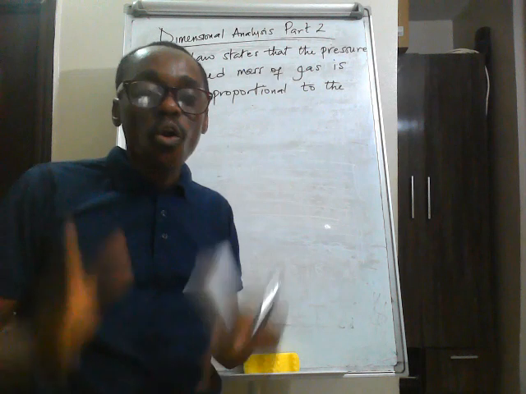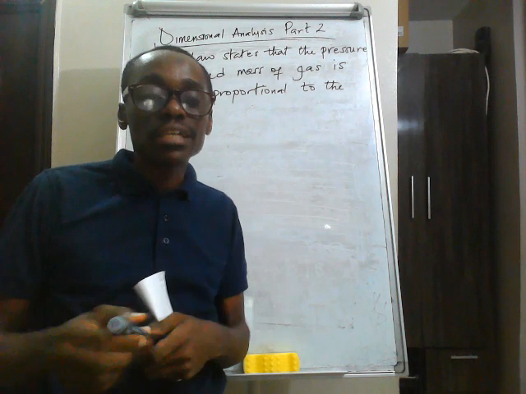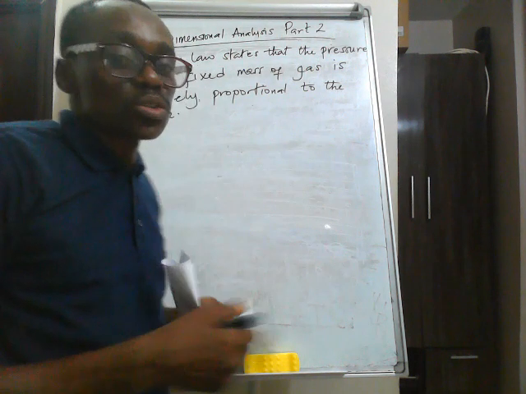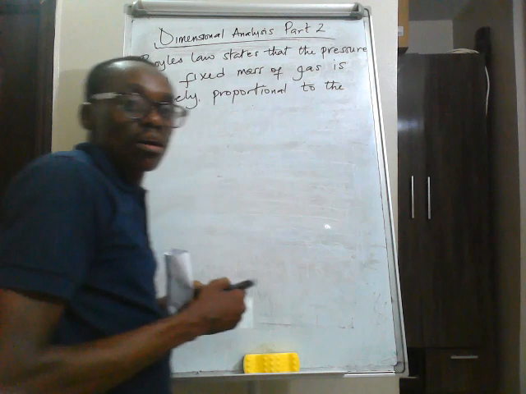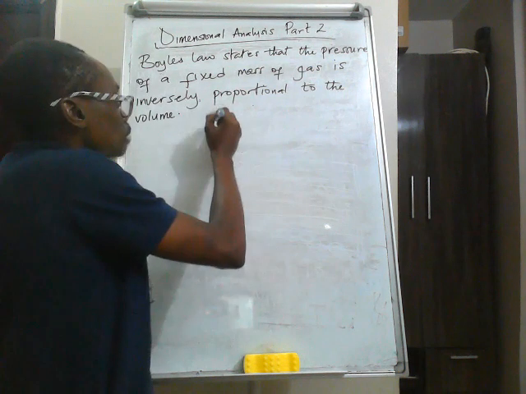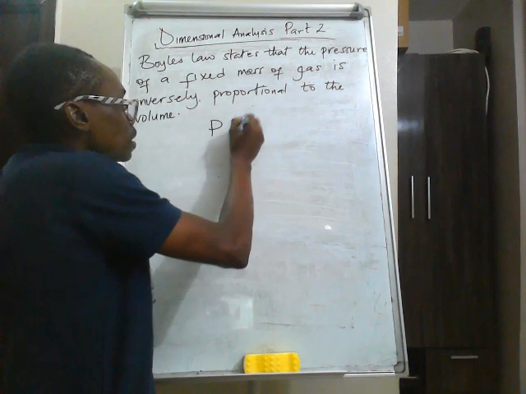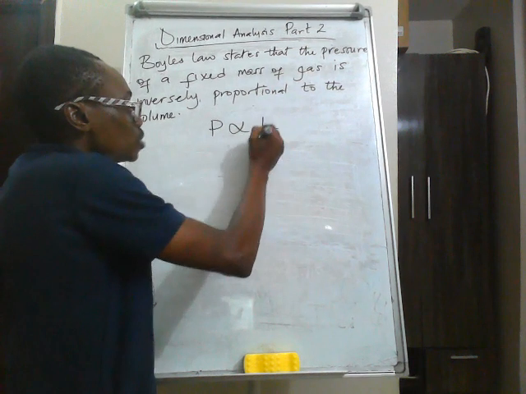The pressure of a fixed mass of gas is inversely proportional to its volume. So we're going to depict that mathematically. Boyle's law is P inversely proportional to 1 over V.